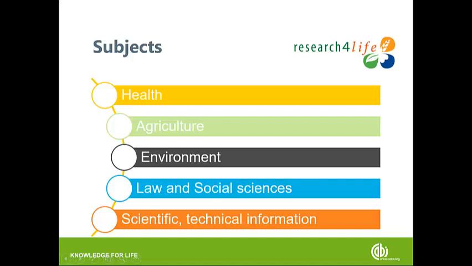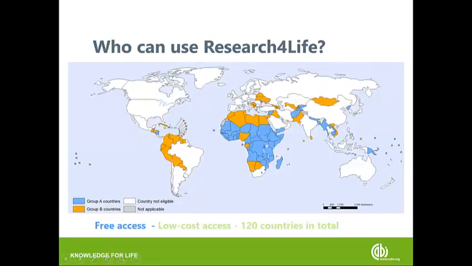One more, please. Who can use Research for Life? Mainly institutions can register. Low-income countries have free access to Research for Life, and middle-income countries have low-cost access to Research for Life resources.